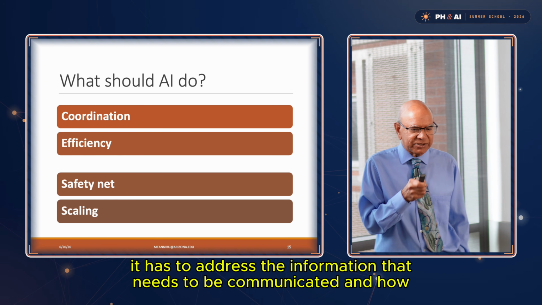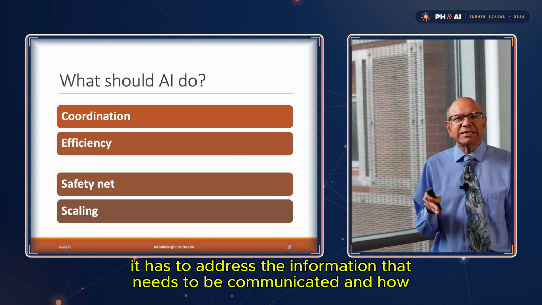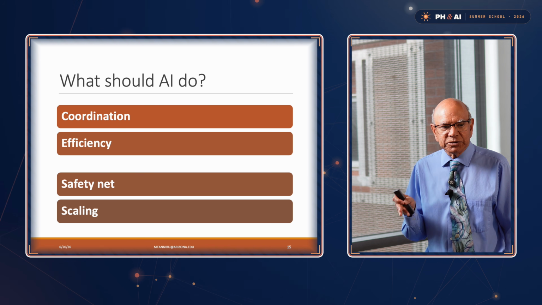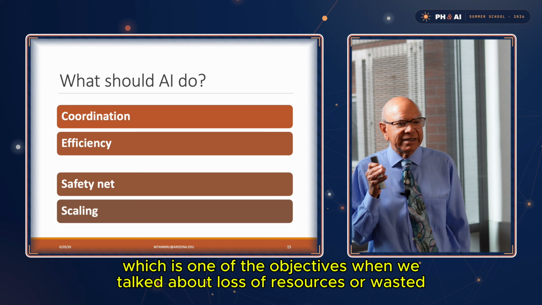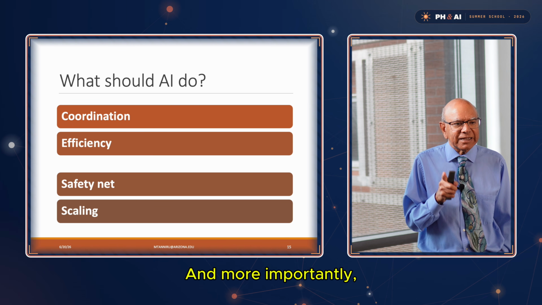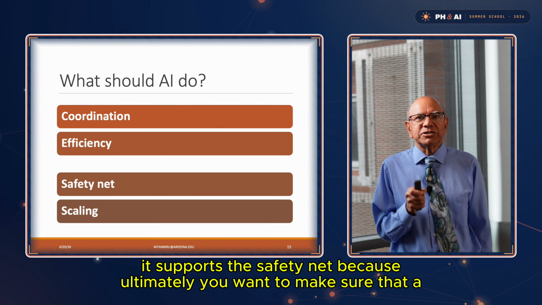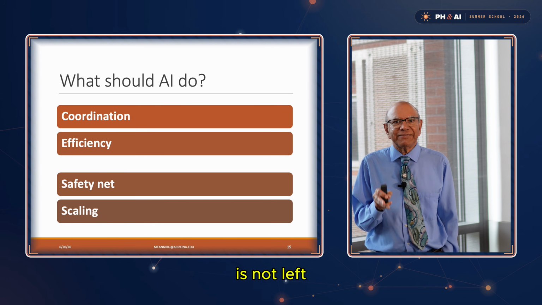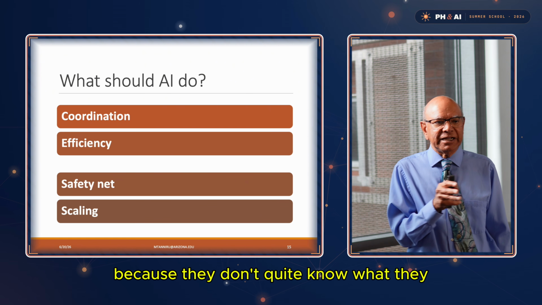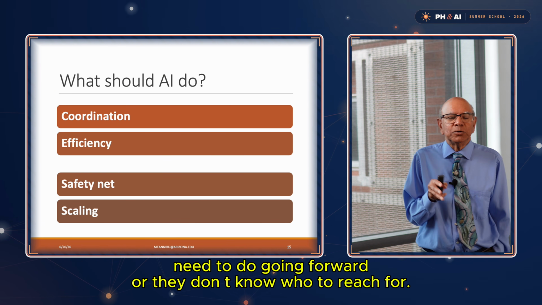Efficiency: it has to address the information that needs to be communicated and how effectively it can be communicated so that there is no loss of resource, or wasted resource, which is one of the objectives when we talked about it. And more importantly, it supports the safety net, because ultimately you want to make sure that a patient is not left in a vacuum, so to speak, because they don't quite know what they need to do going forward, or they don't know who to reach for.